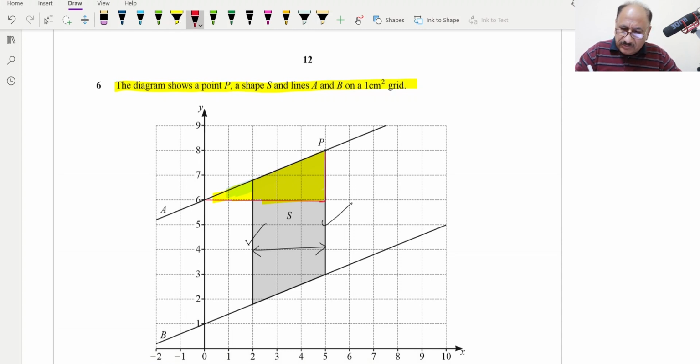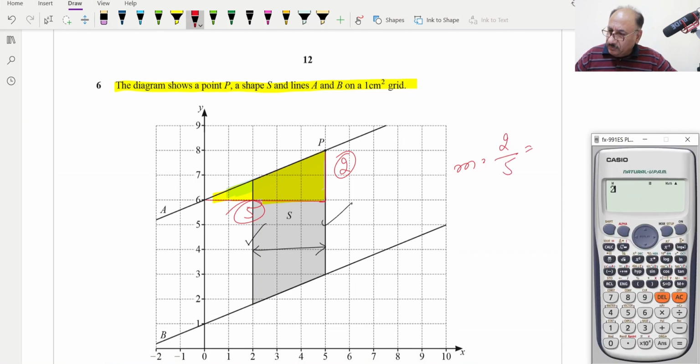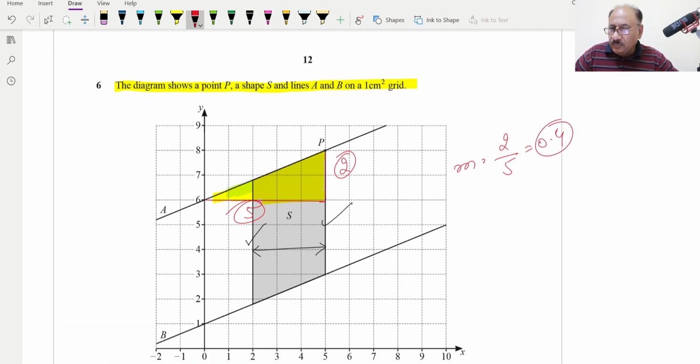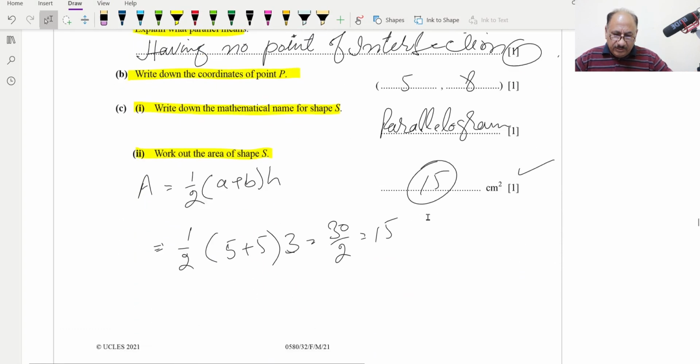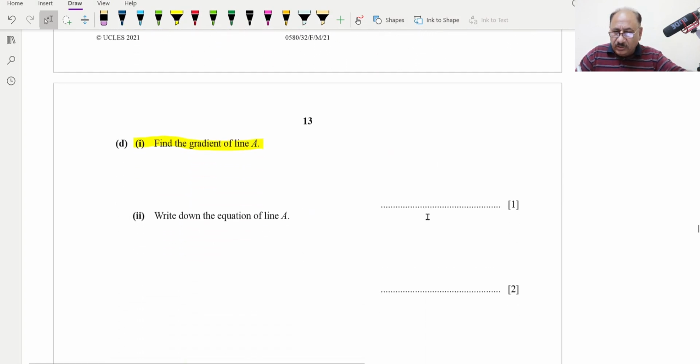We will be checking this side is 2 units and this side is 1 2 3 4 5 units. So m gradient will be equal to rise over run, so 2 over 5, and 2 divided by 5 will be equal to 0.4. So 0.4 will be the gradient of line A which we found, and we can write here 0.4. This will be the gradient required.